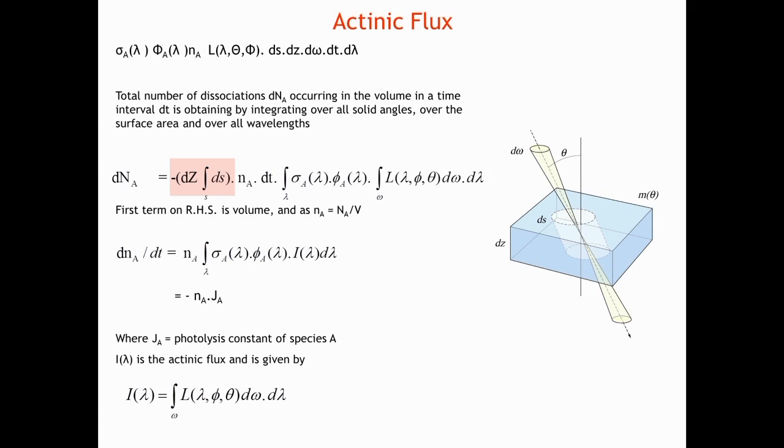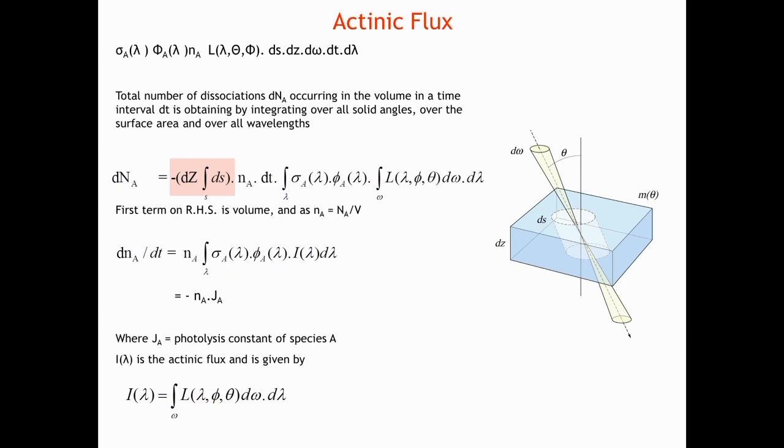So what do you think JNO2 is? What does it make? It photolyzes NO2 to NO plus O. So JNO2 is the photolysis rate of the NO2 molecule to produce NO plus oxygen atoms.